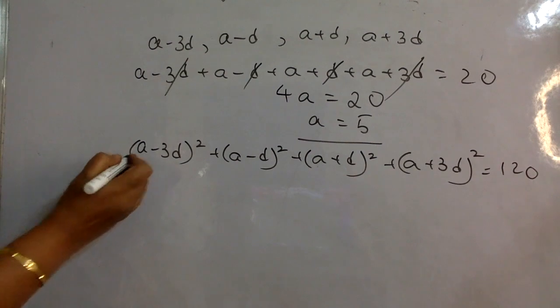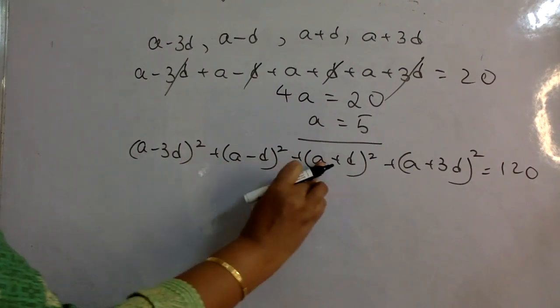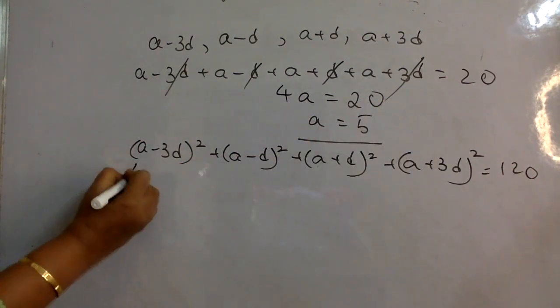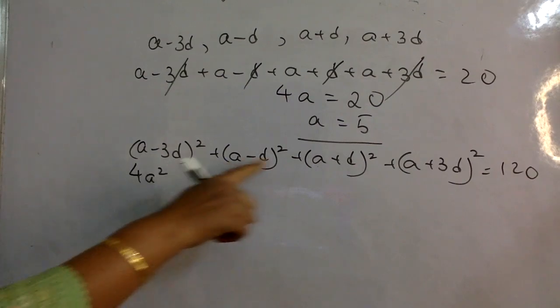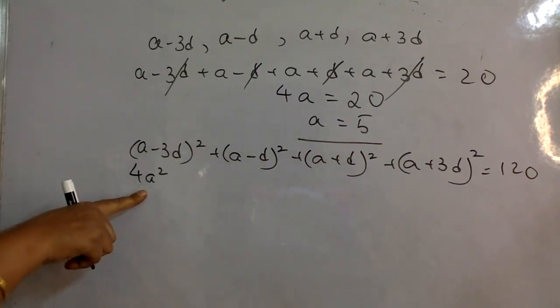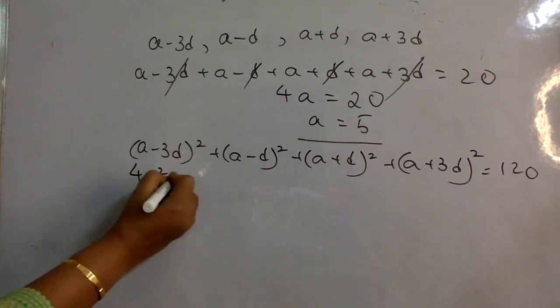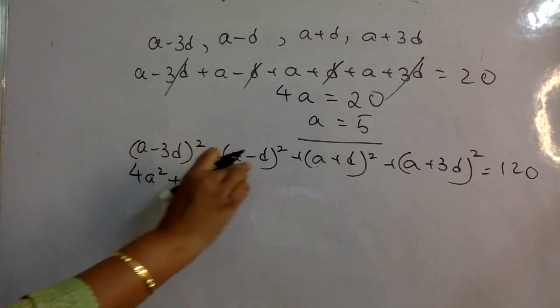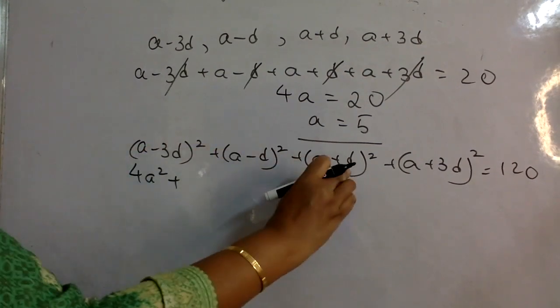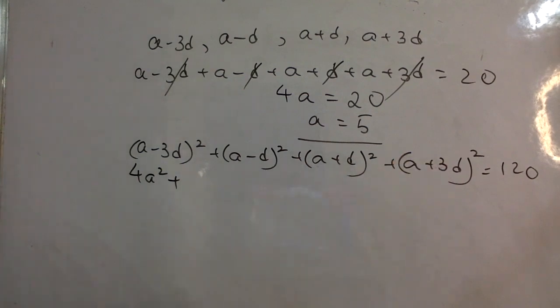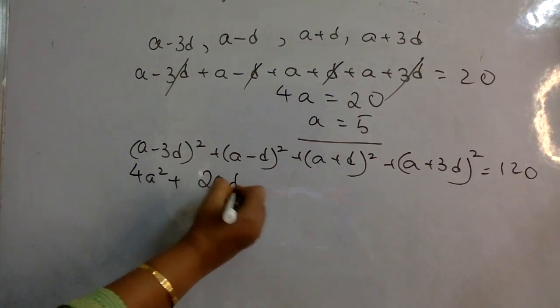Now here I have A square, A square, A square and A square. So I think I can write 4A square. Since all the signs here are plus, I am doing a little bit of shortcut. You can also do this. This is 9D square, 1D square, 10D square plus 1D square plus 9D square. So a total of 20D square, isn't it? So I get a total of 20D square.